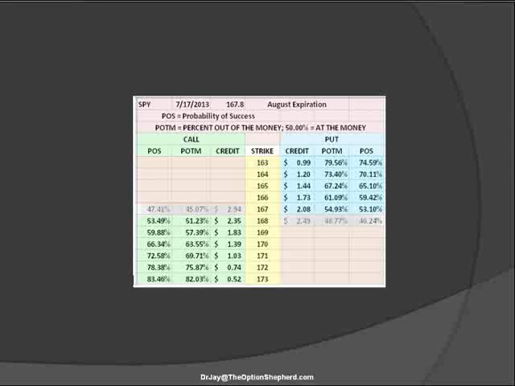The POS column shows a probability of success when selling in options for each strike. The further the strike is out of the money, the higher the probability of success, and a lower amount of credit is received. This should not be a surprise, as in any investment, greater risk equates to a higher potential return. I use a probability of success for choosing my strikes.